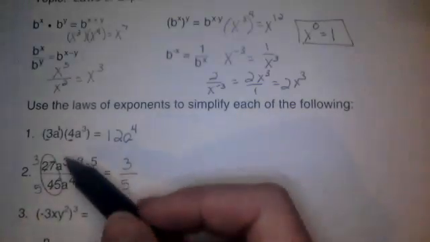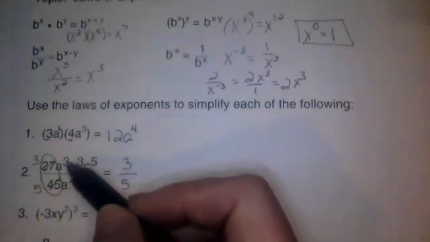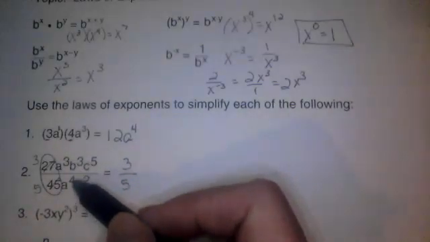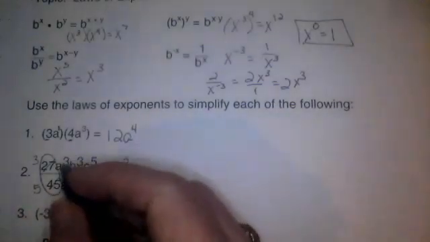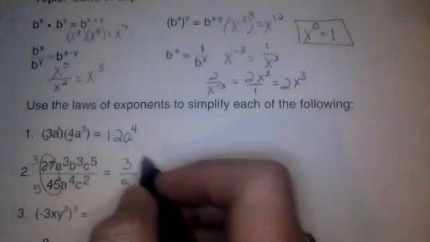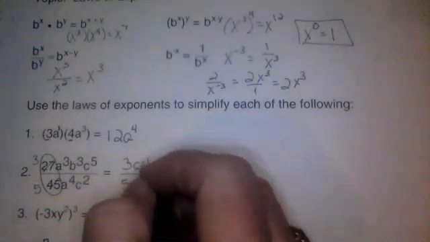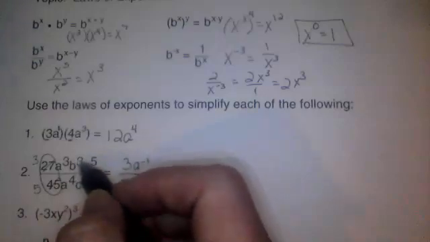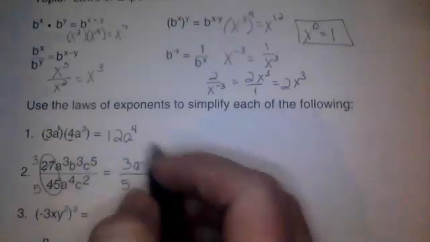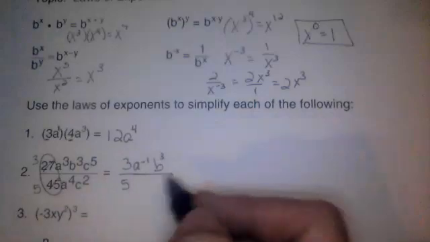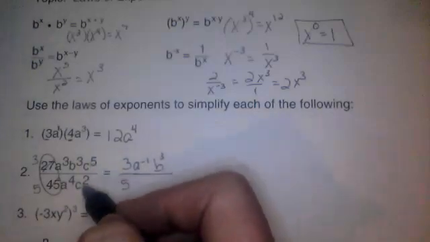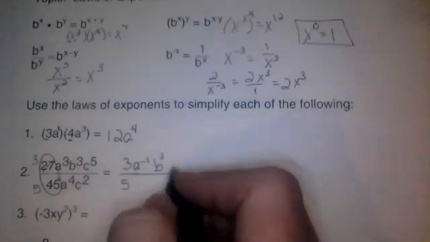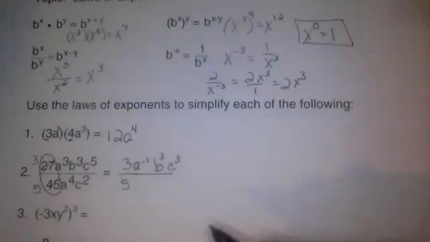And then for the letters, I have a to the third divided by a to the fourth, which gives me a to the negative 1 power. And b to the third, there aren't any other b's, would stay on the top. C to the fifth divided by c squared, subtract, I get c to the third power.